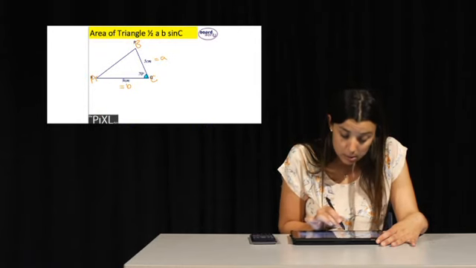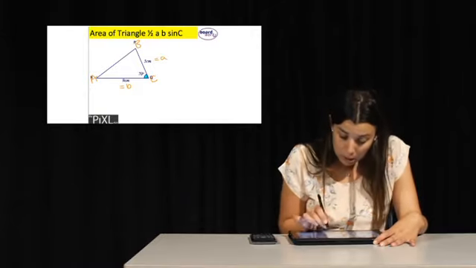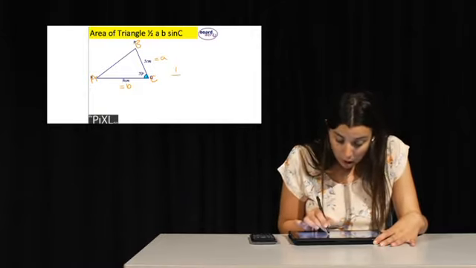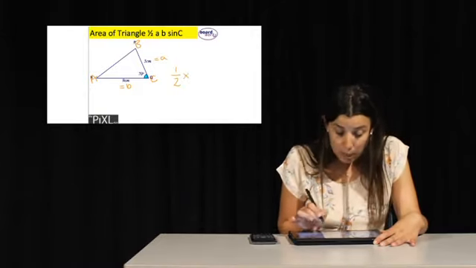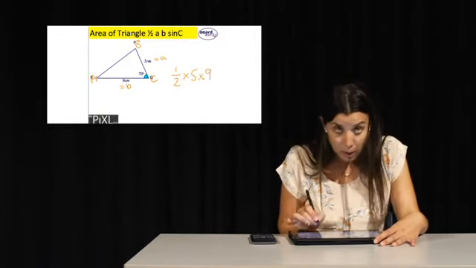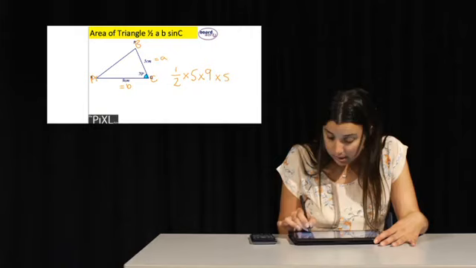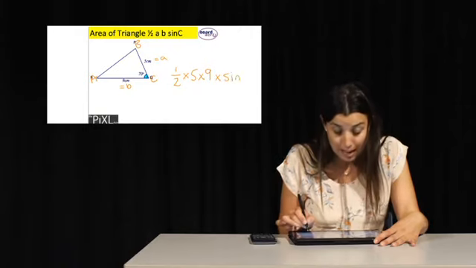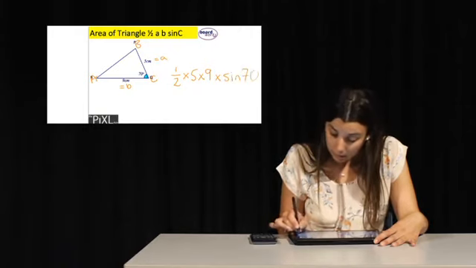So I have two sides and an included angle. So to find the area, I do half, always half, multiplied by the two sides, 5 times 9, multiplied by the sine of the included angle, 70.